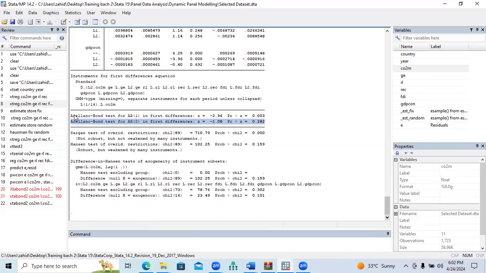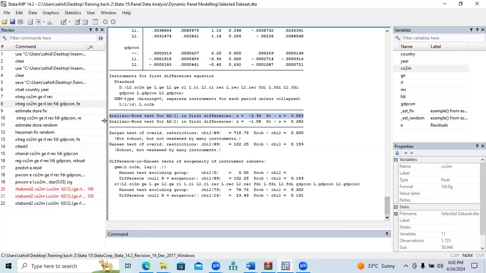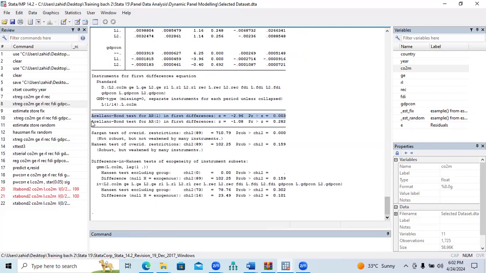The first row is showing the serial correlation at the first order, but the second line shows that there is no serial correlation at the second order. So AR1 means first order serial correlation. AR2 means second order serial correlation. So for GMM estimation, always remember that you need to focus on second order serial correlation.